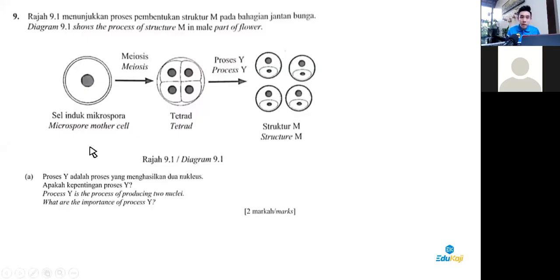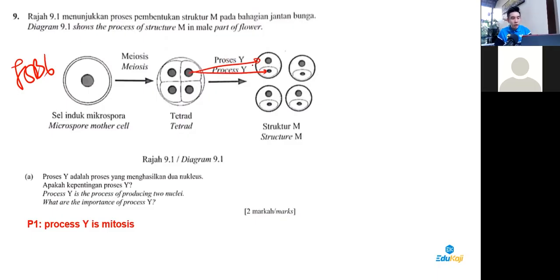Now, question 9 is from the plant reproduction topic, meaning Form 5, Chapter 6. So you can see that microspore mother cell undergoes meiosis to form tetrad, and then process Y to form structure M. Process Y is mitosis, and quite obviously, you can see the nucleus divides to form two nuclei: one is the generative nucleus, one is the tube nucleus.